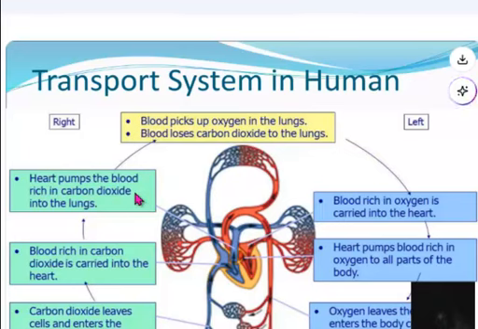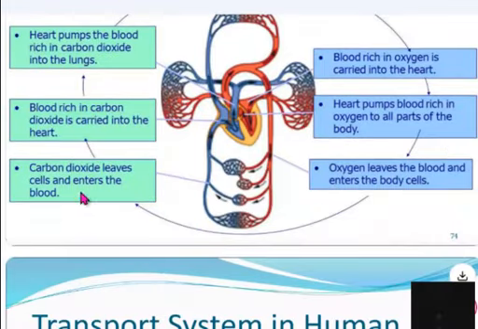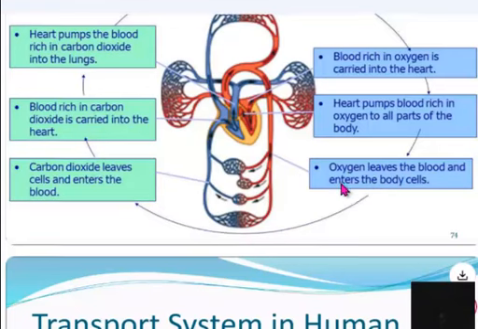You can see that the heart pumps into the lungs. Blood rich in oxygen is carried into the heart as it's coming from the lungs. Blood rich in carbon dioxide is carried into the heart. The heart pumps blood rich in oxygen to all parts of the body after it's been collected. Carbon dioxide leaves cells and enters the blood. Oxygen leaves the blood and enters the body cells.